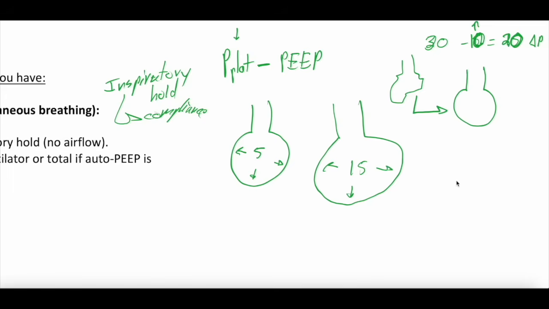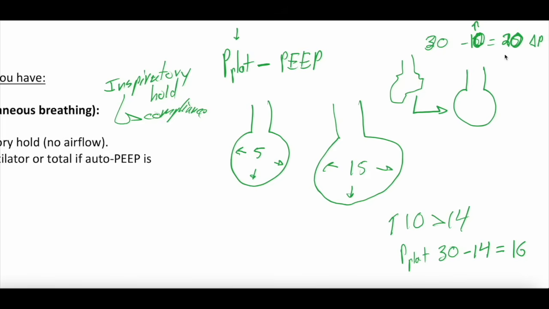So what this would look like is I increase the PEEP from 10 to 14, and I let that PEEP take hold, and then I check another plateau pressure. And that plateau pressure maybe is 30 again. And now my driving pressure is 30 minus 14, because that's my new PEEP, and that is a driving pressure of 16.